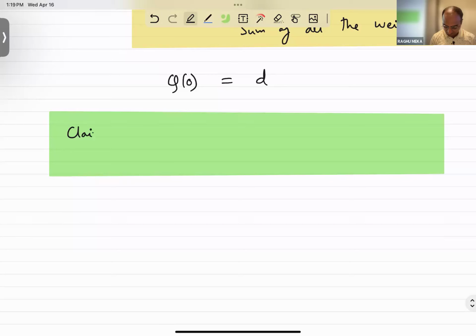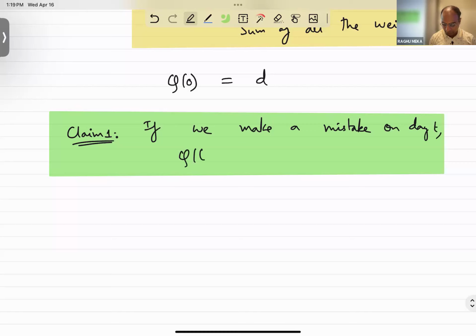The first claim is to say that if we make a mistake on day t, then the potential decreases significantly. In the infallible case, the size decreased by a factor of half. Here it's not as harsh, but it still decreases by a factor of 3/4.